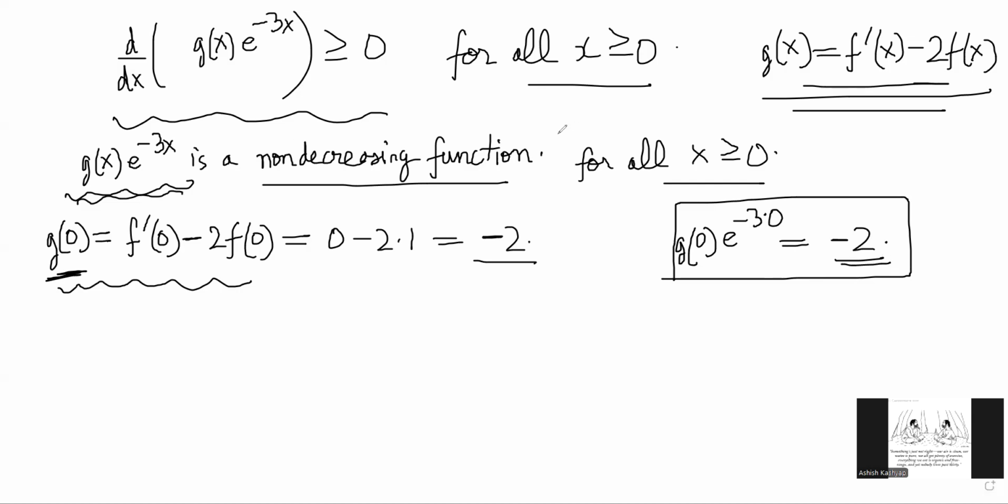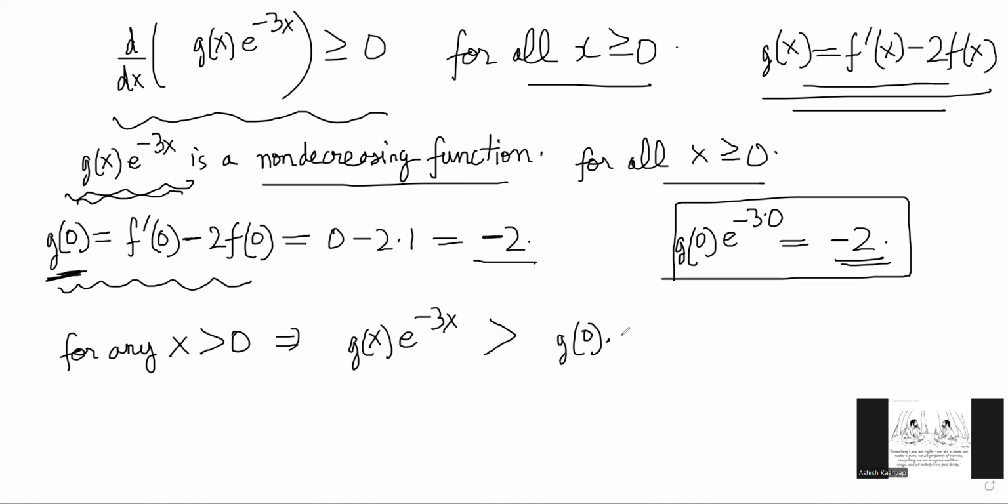But it is a non-decreasing function for all x greater than 0. So for any x greater than 0, I can say that g x into e power minus 3x will be greater than or equal to the value of g of 0 into e power minus 3 into 0, which is equal to minus 2.